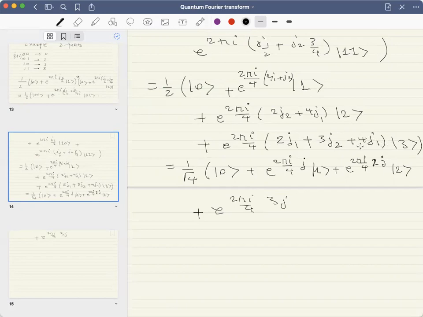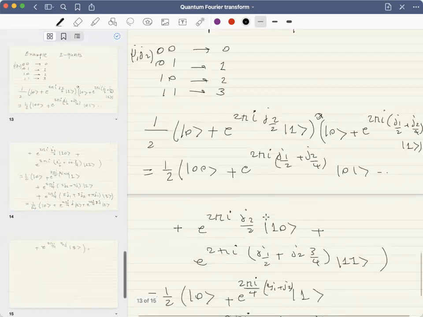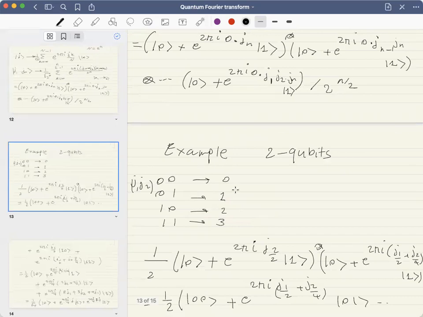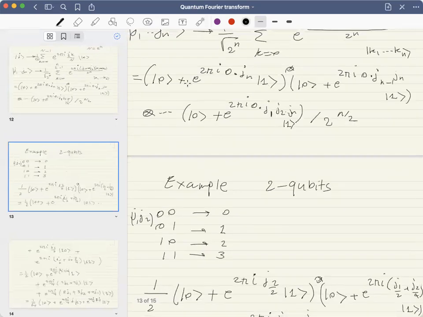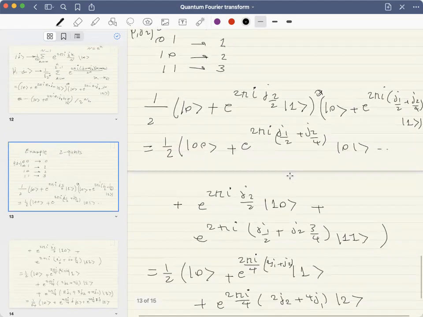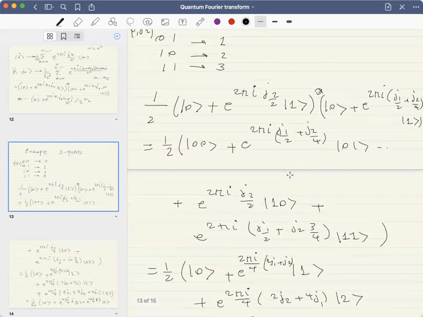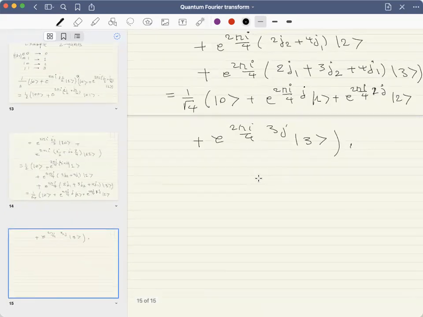So it's 3 times 2j1 plus j2. So that's 3j, and that multiplies state 3. So in this particular example, we just saw explicitly that this kind of tensor product with this structure works and produces the Fourier transform. So let's now prove this in general.